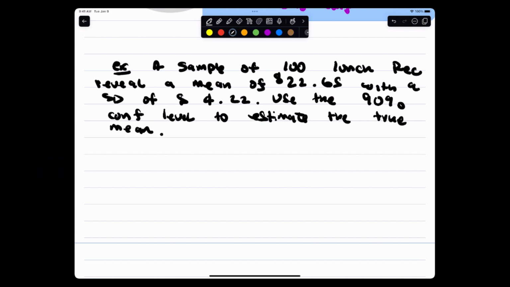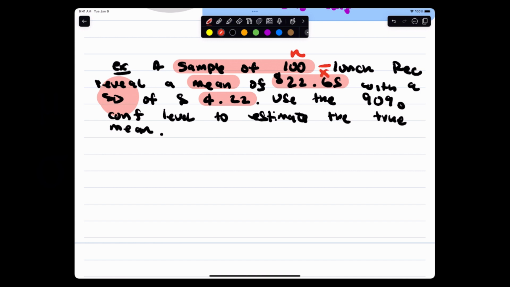So, to show you guys this stuff, not too bad, right? You got a sample of 100. That's n, your sample size. So you got a sample of 100 students. They all went out to lunch, and they have a receipt. Then you compute the mean, and you find it to be 22.65 with a standard deviation of 4.22.